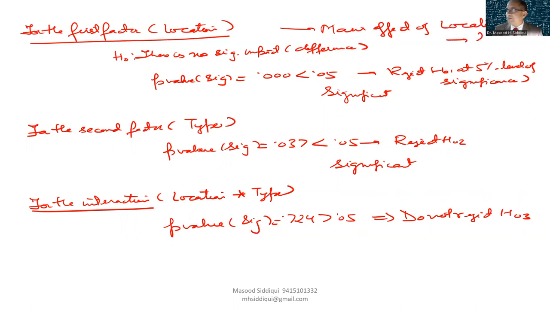This is present here. The main effect of type, this is also present.